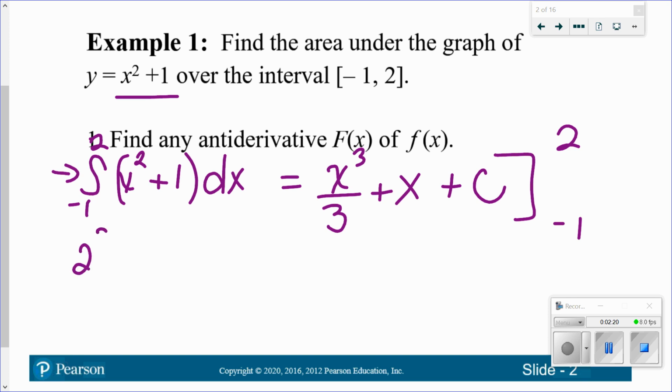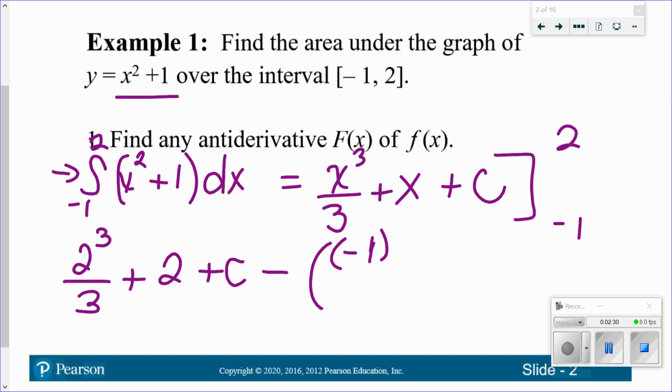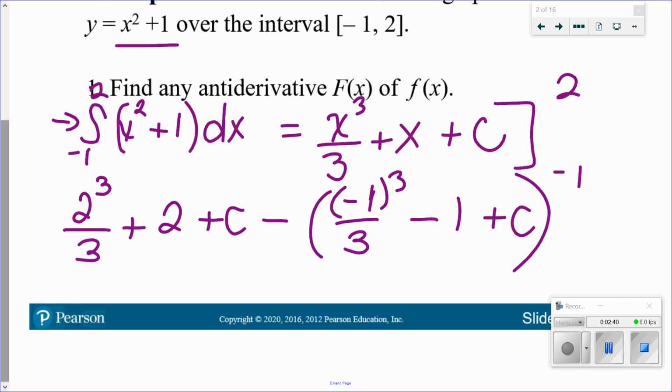So 2 cubed over 3. Now you're probably going to do this in your calculator. Plus c minus (-1 cubed over 3 plus -1 plus c). Okay, why did I put this second part in parentheses?